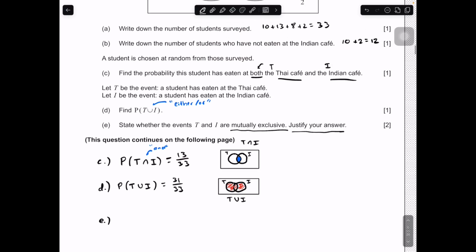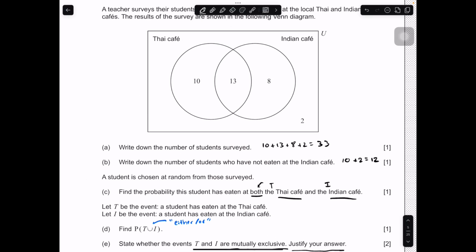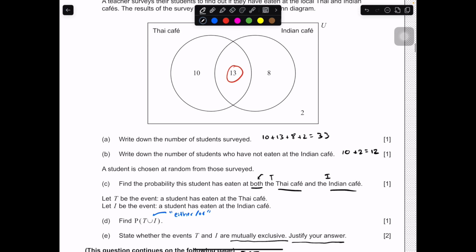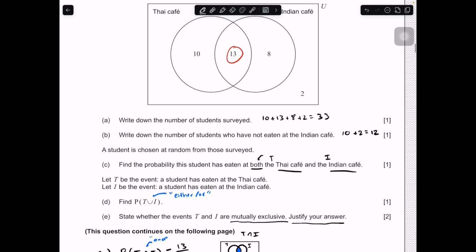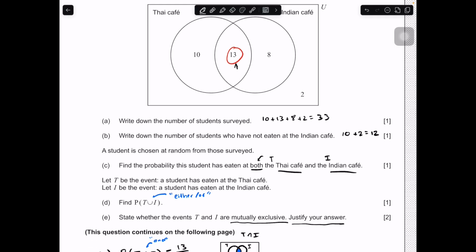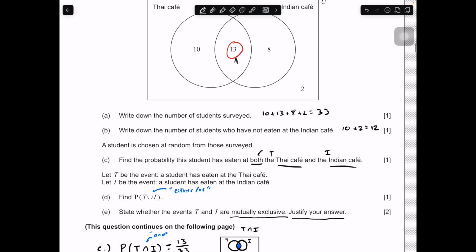And the answer is, yeah, we see that indeed has happened. We see these 13 people, for example, have eaten at the Thai and the Indian cafe. So the event eating at the Thai cafe and the event eating at the Indian cafe are not mutually exclusive. One could be in both of these events, and these 13 people have done this.